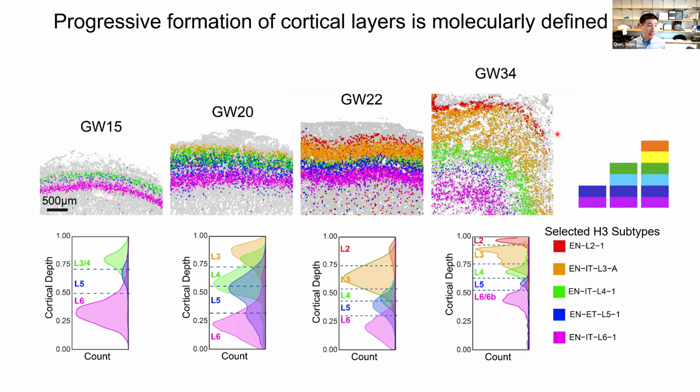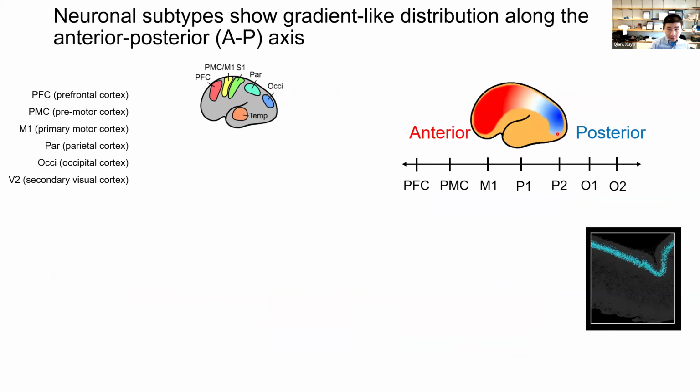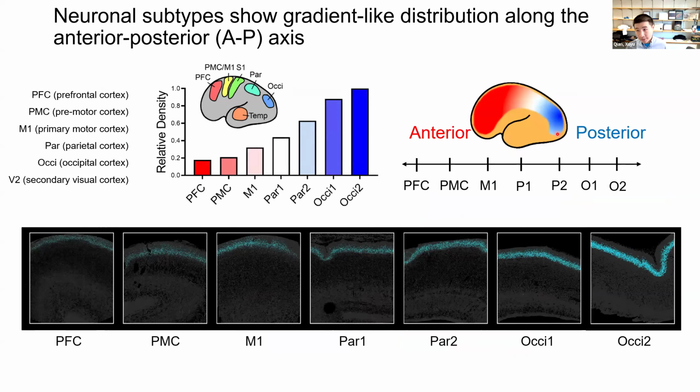So the structural complexity of the developing cortex expands beyond the vertical direction into the horizontal direction, into the different cortical areas that I hinted at earlier in the introduction. And when we compare our data between different cortical areas from the posterior to the anterior, we notice that many neuronal subtypes, such as this one, exhibit a preferential distribution in either the posterior or anterior side, but it forms a continuous gradient as it gradually reduces when you walk from the posterior to anterior.